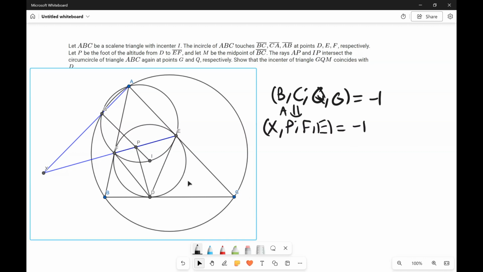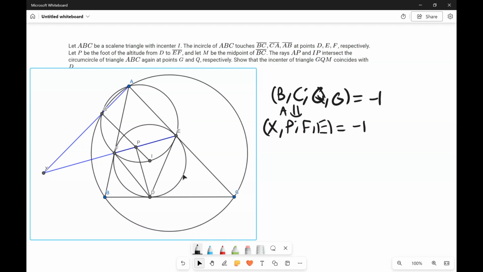So our main trouble spot here is the point P, because we don't really know that many lines that it lies on. So it lies on two lines that are relatively clean here, and they're both in the diagram. The first one is a line through D perpendicular to EF, and the second one is a line QI itself.